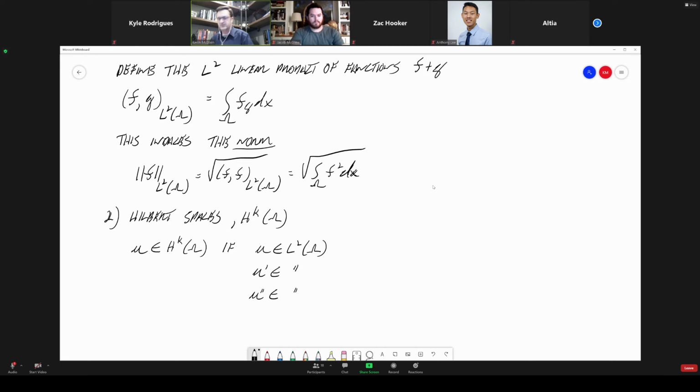So what this means is if k is equal to 2, we would have H2 in omega, and we would have to check this, this, and this. H0 is equal to our L2. They're one and the same.